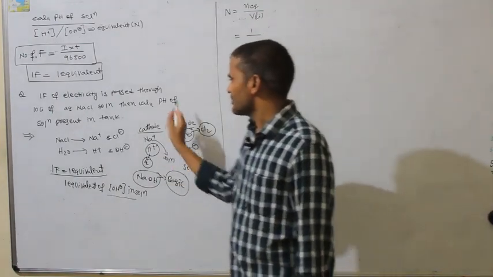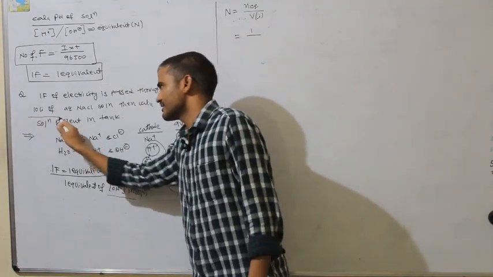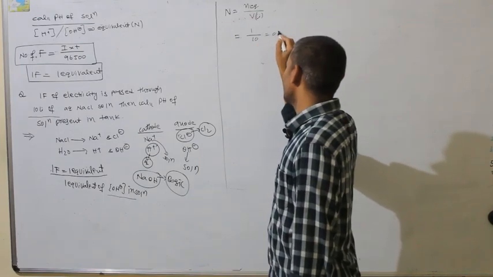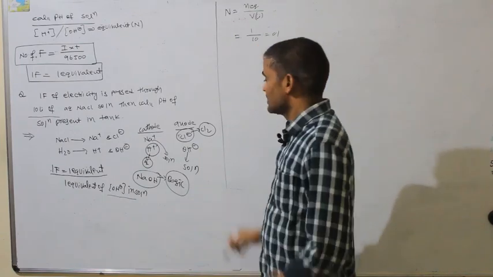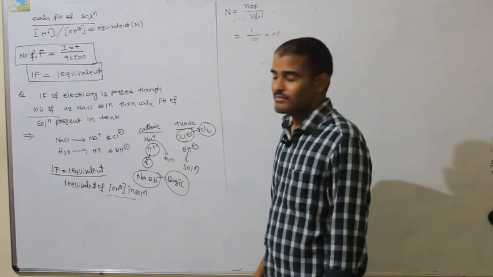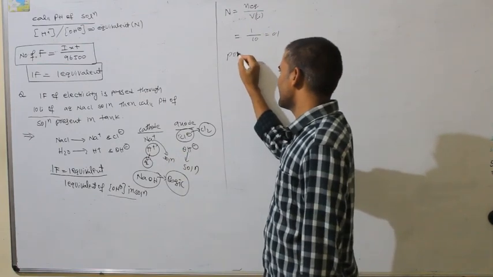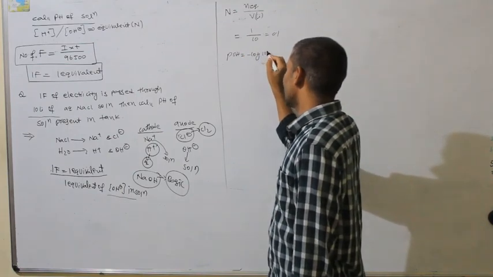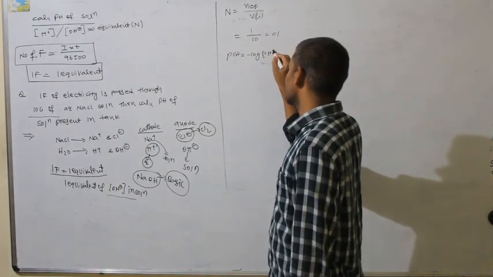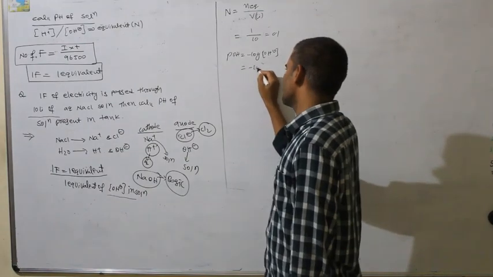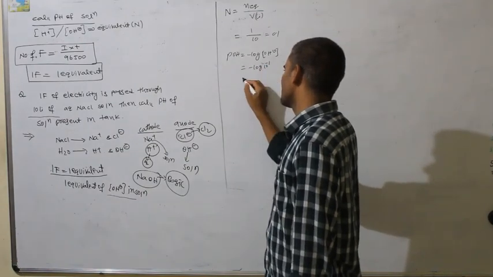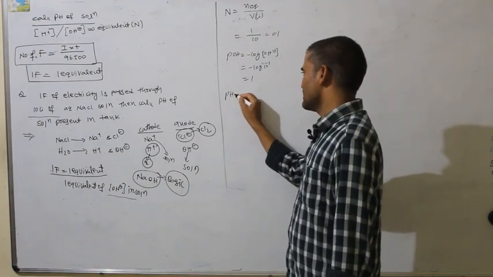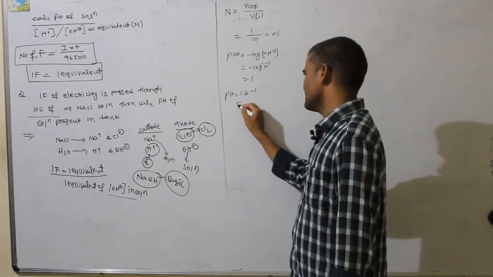What is the total volume of the solution given here? 10 liter. So 1 by 10, that is 0.1. Since it is a basic solution, we have to calculate pOH. pOH is equal to minus log of the concentration of OH minus, that is minus log of 10 power minus 1, which is equal to 1. Then pH becomes 14 minus 1, which is 13.